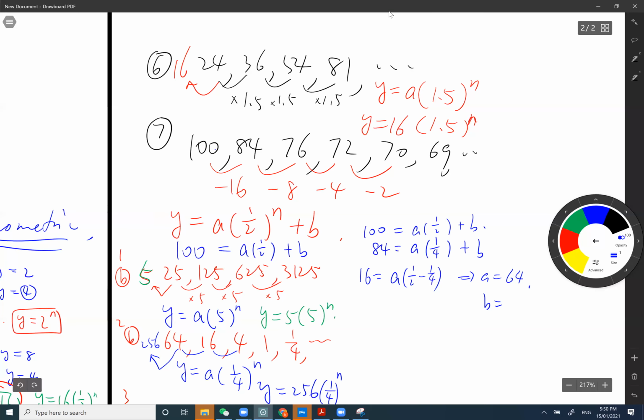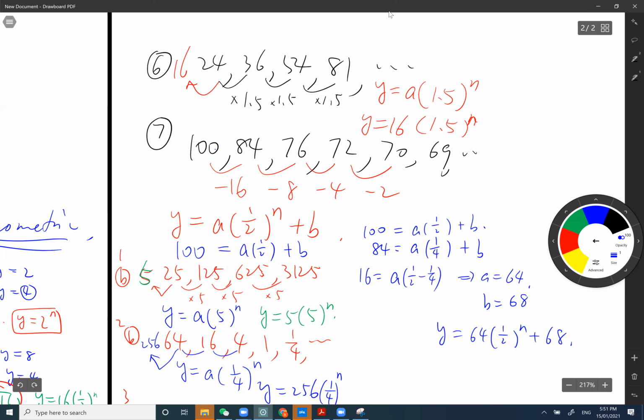B equals 68. It's a bit weird, but we can check the final formula: 64 times half to the n, plus 68.